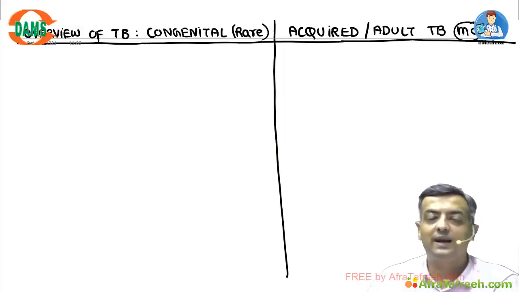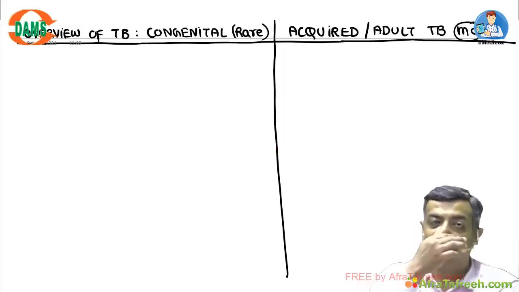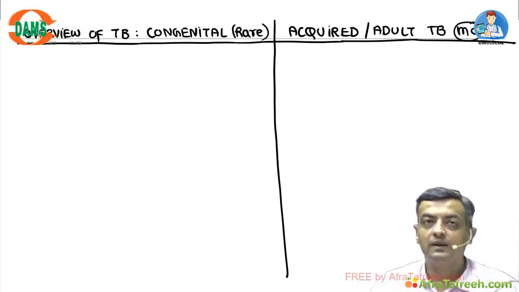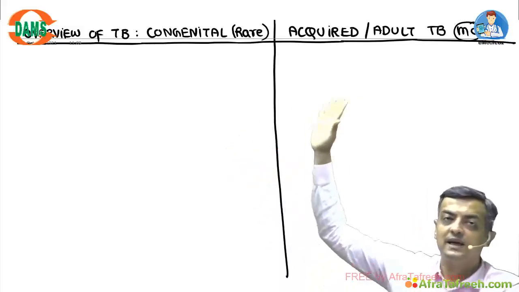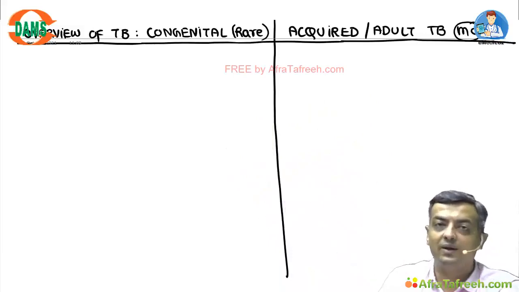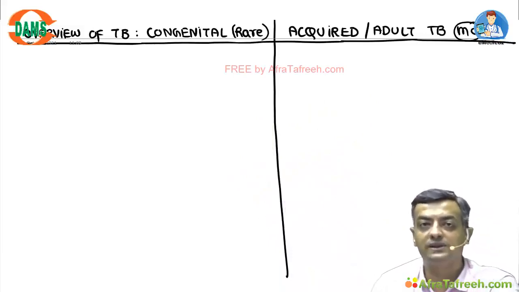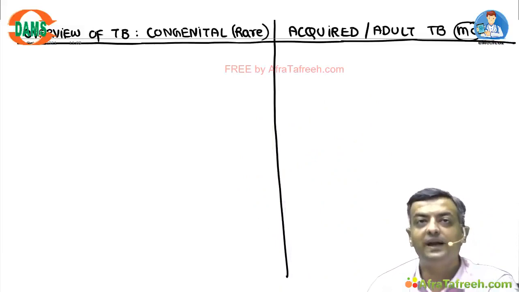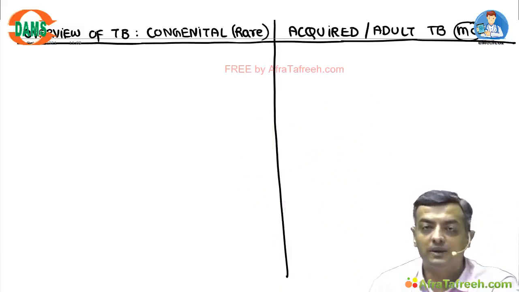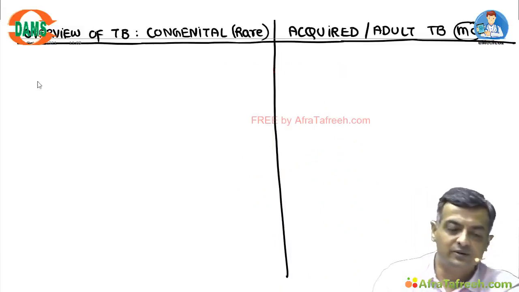So we are going to classify patients of tuberculosis into two, congenital tuberculosis and those having acquired or adult tuberculosis. So congenital TB, when to suspect?